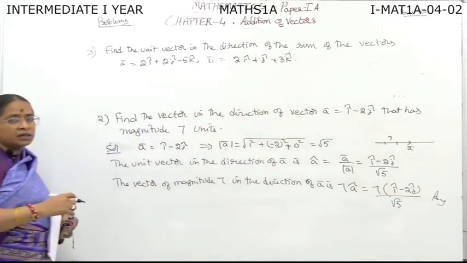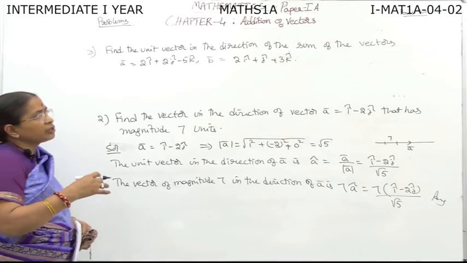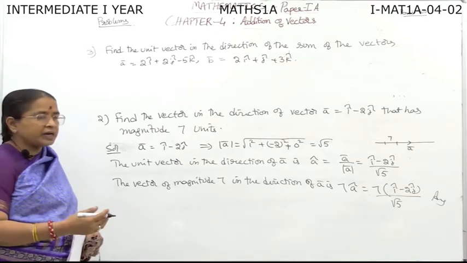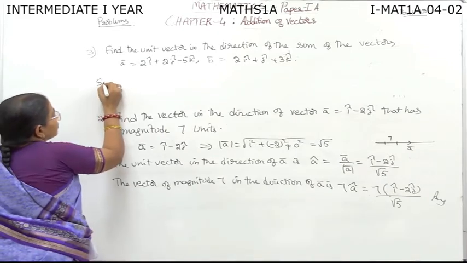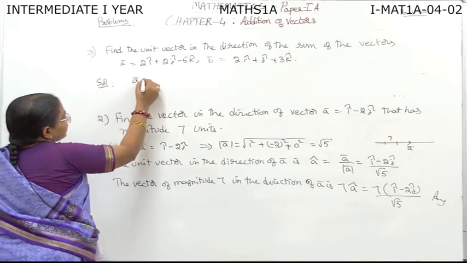So as I said, unit vector in the direction of the sum of the vectors. First find the sum of the vectors. So first find out A plus B.